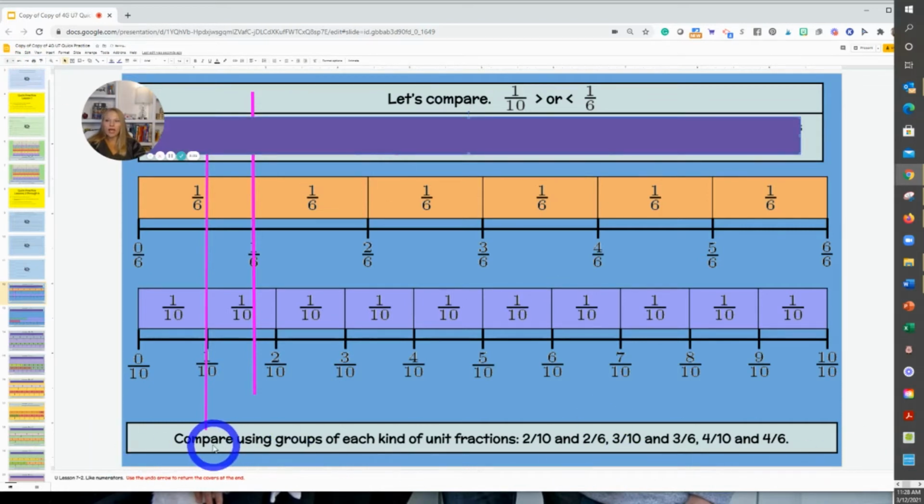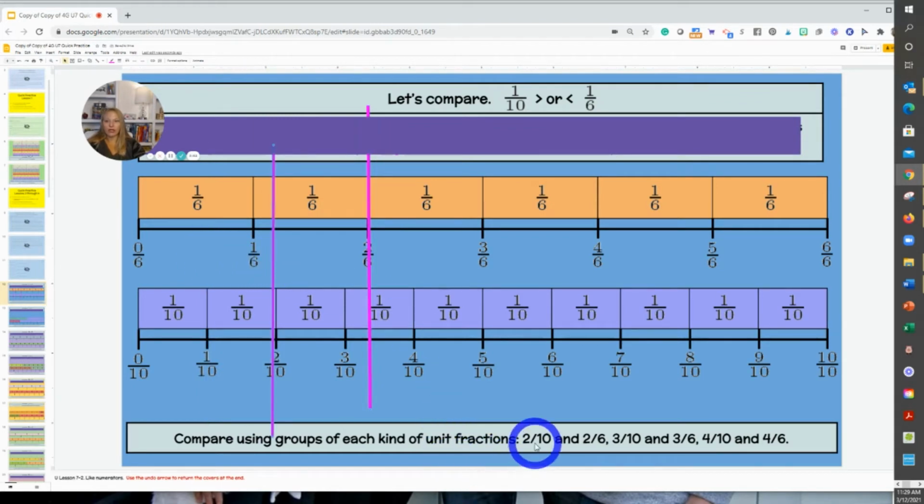So look below. Compare using groups of each kind of unit fractions, 2/10 and 2/6. So now let's compare. If 1/10 is less than 1/6, how would you compare 2/10 and 2/6? So let's try 1/6, 2/6, and 1/10, 2/10.